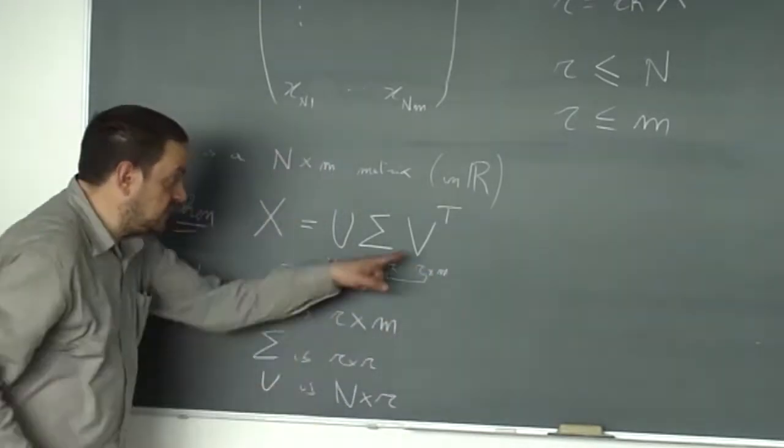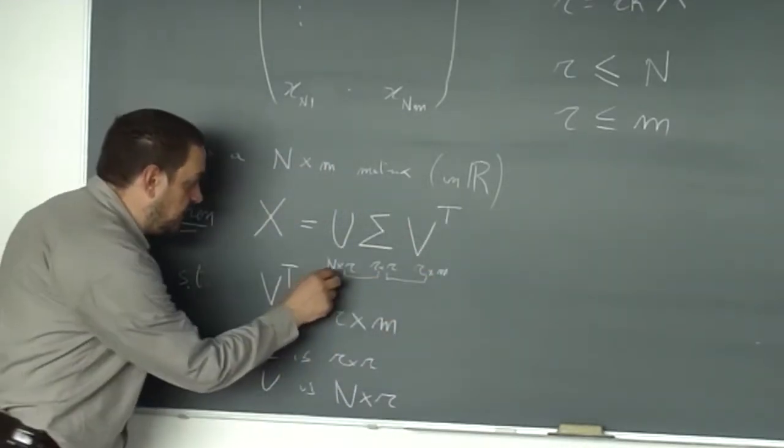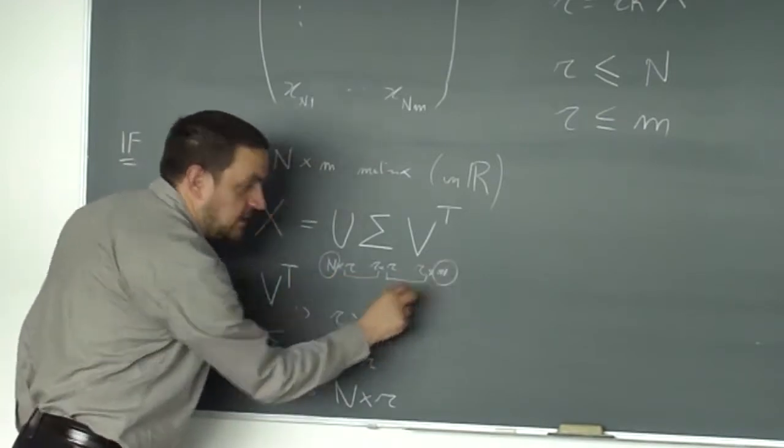Sigma and V transpose can be multiplied, and the result is N by M.